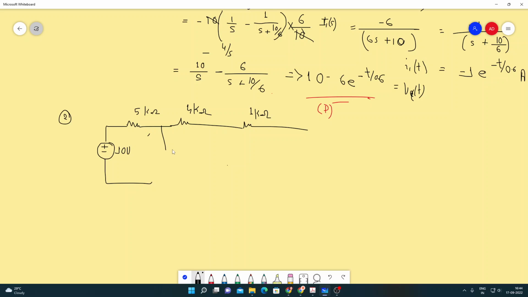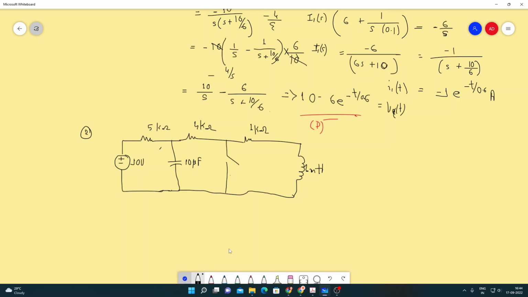So here we have a capacitance of 10 microfarad. Here we have the switch, and here we have 1 millihenry. So if the switch has been open for a very long time, the capacitor will behave as an open circuit and the inductor will behave as a short circuit.